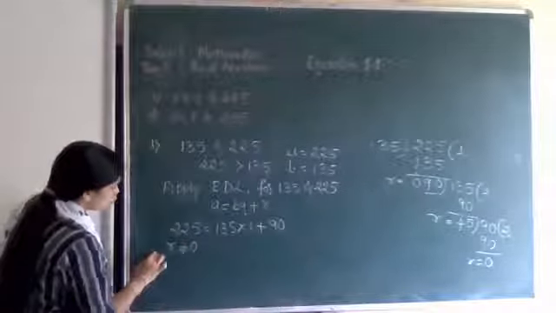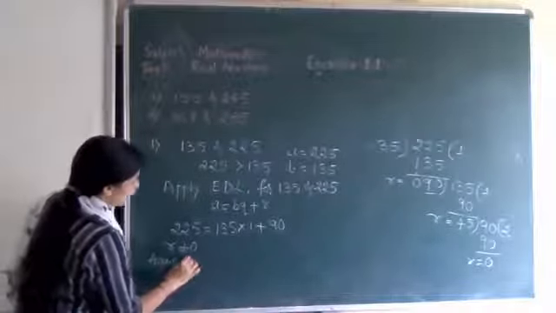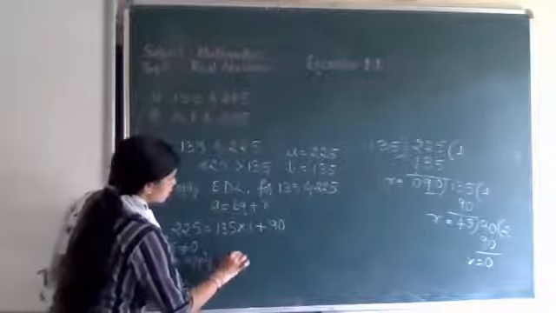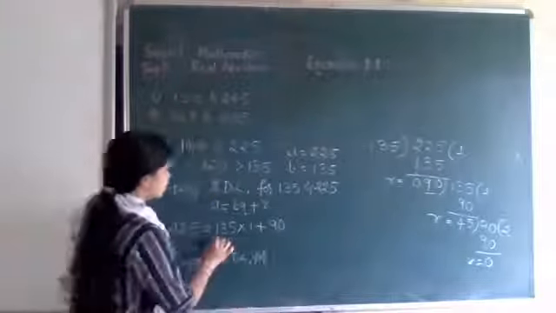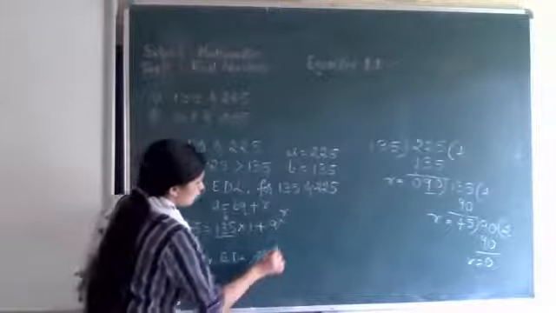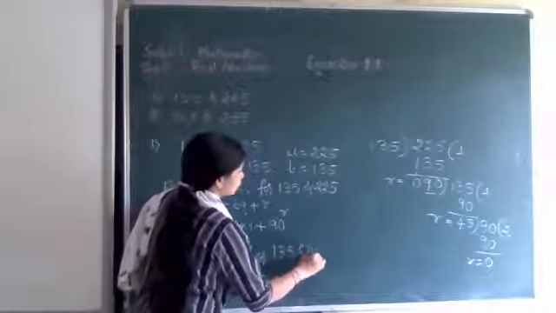Then again we have to apply Euclid's division lemma for 135, that is your B, and this is your R, for B and R, 135 and 90.